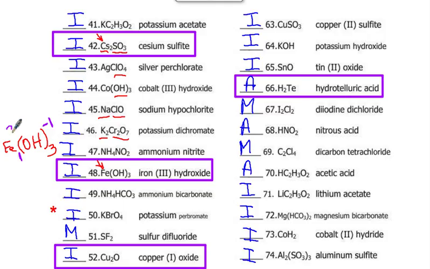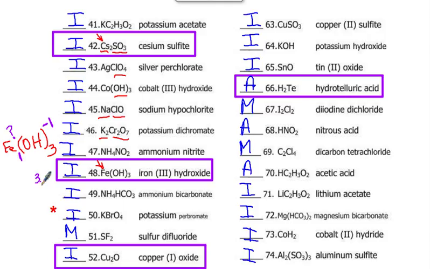We don't know the iron's charge, though. So we're going to use some logic here. The hydroxides take 1 electron. There are 3 hydroxides. Each of them is taking 1 electron. So that's 1, 1, and 1 for a total of 3 electrons that were just taken.